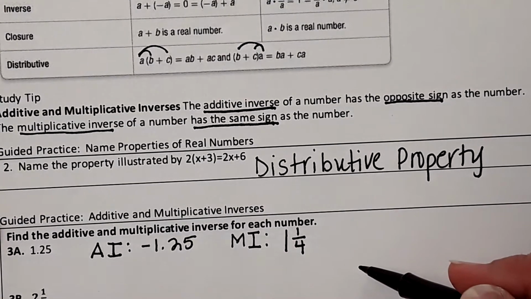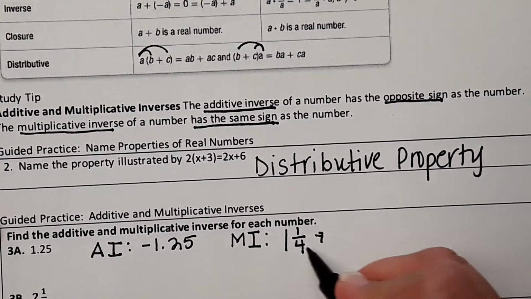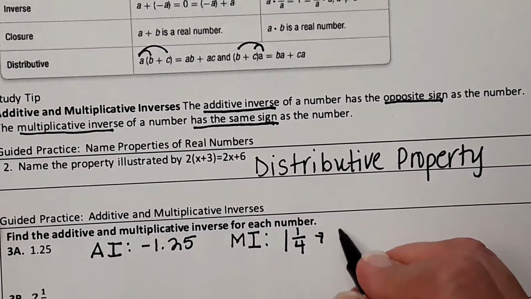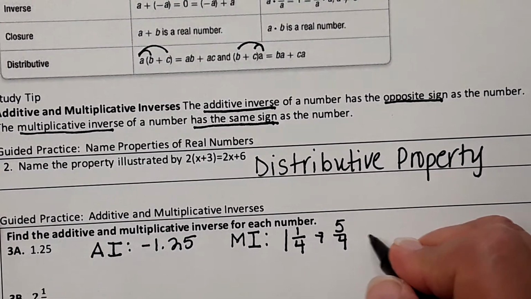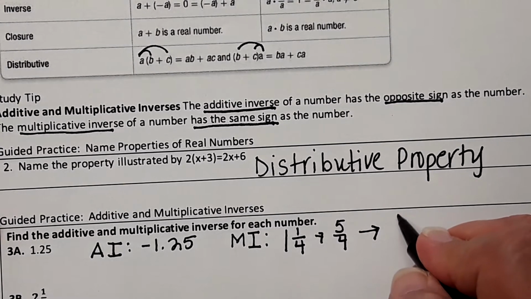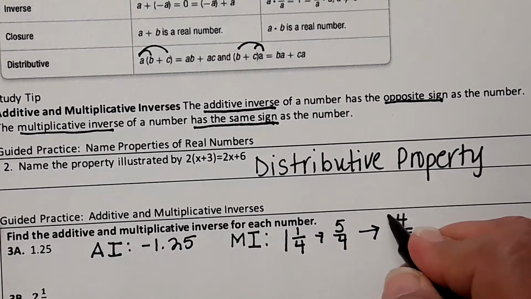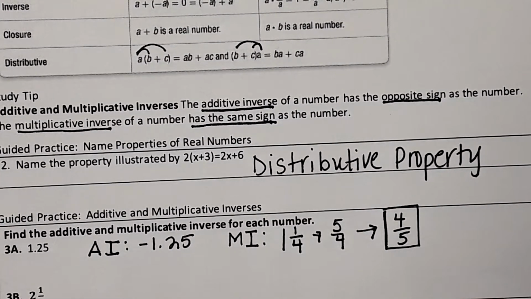Now I need to make it into an improper fraction. 4 times 1 is 4, plus 1 is 5. So now the multiplicative inverse, final answer, is 4 over 5. So I had to do all of that before I could find the multiplicative inverse.